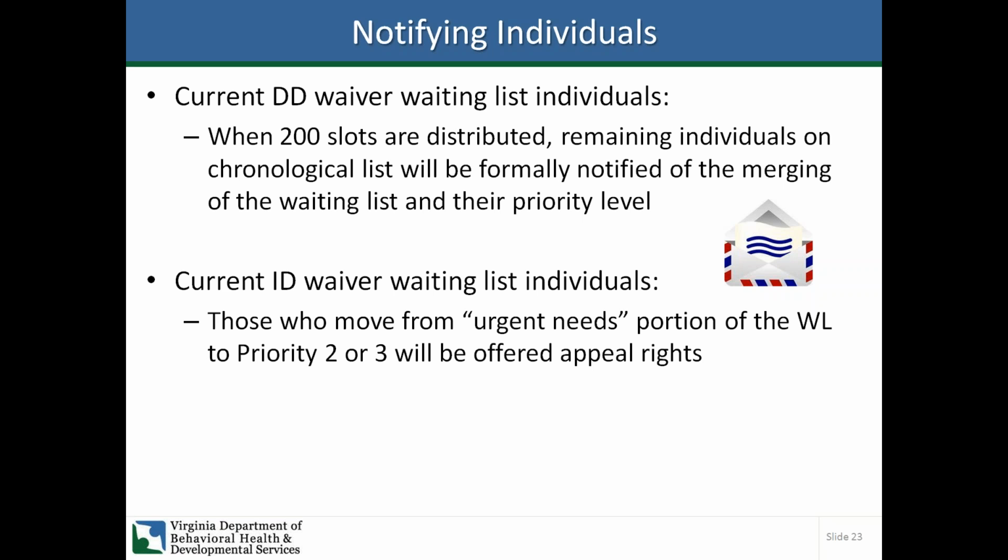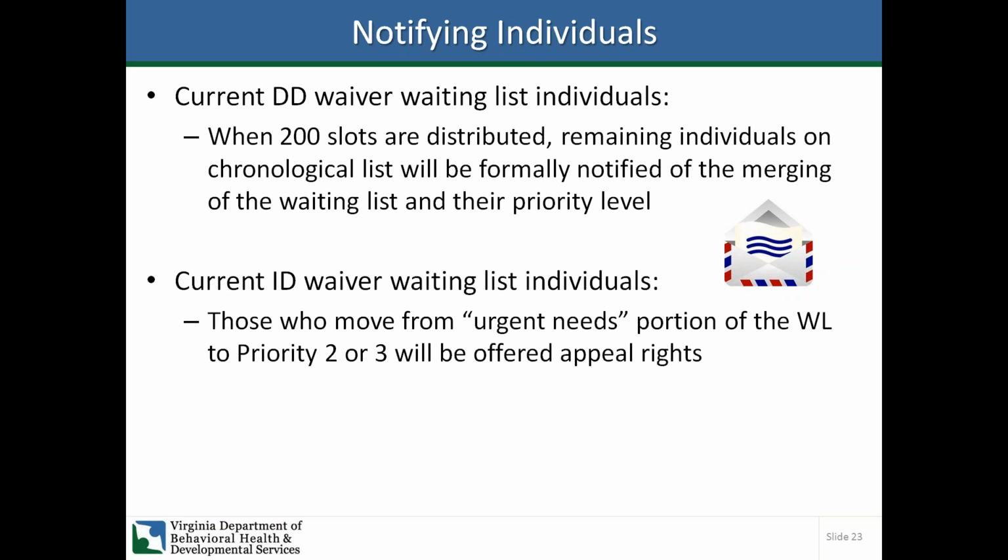As I mentioned, the individuals who are at the very top of the list have already been or will be soon contacted about those 200 slots. So we've contacted a number of people already, left messages for people. We're doing our very best to get in touch with everybody at the very top of that list.